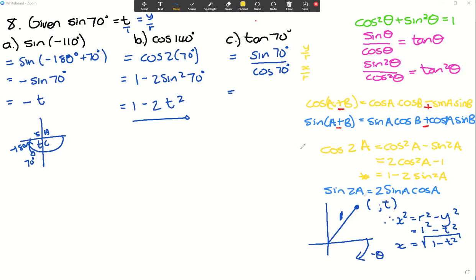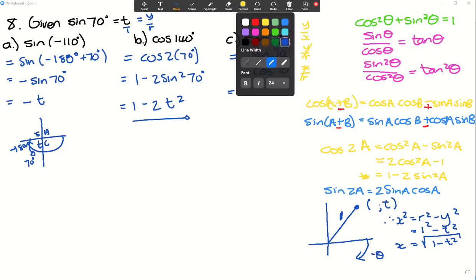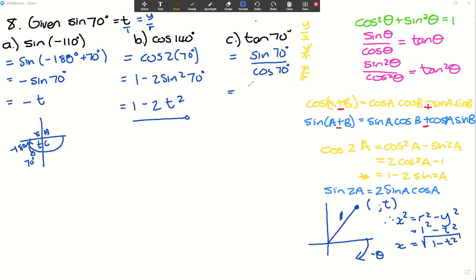We did it according to this Pythagoras. We also know that tan is y over x, which is the simplified version of these two. So we can automatically put into our expression our y value, which is t, over our x value, which is 1 minus t squared, and it's the square root of that.